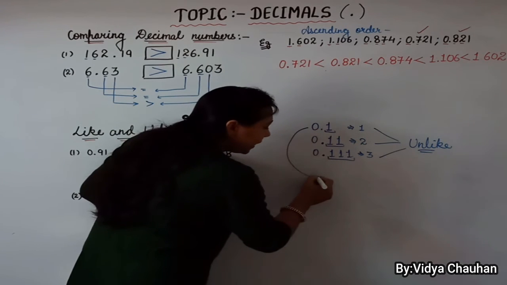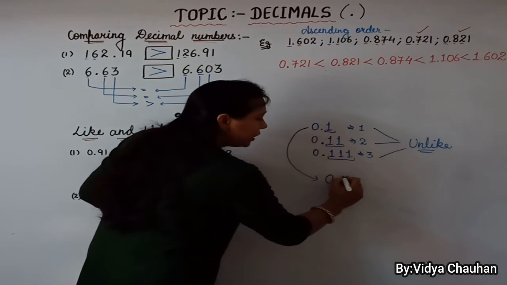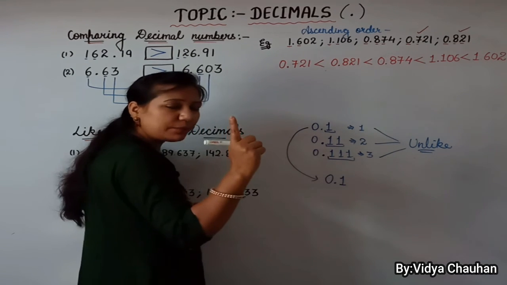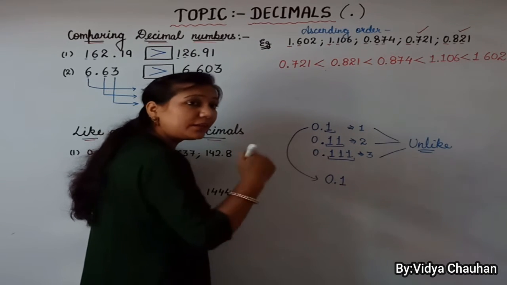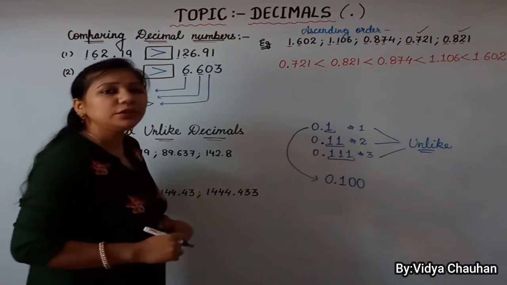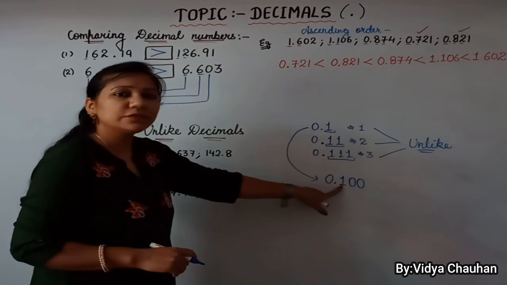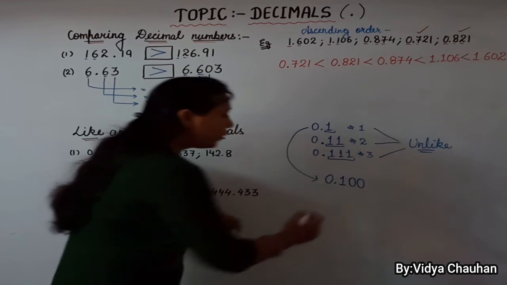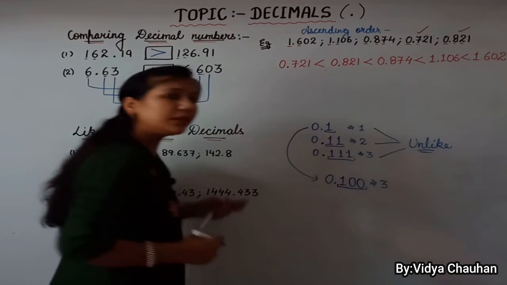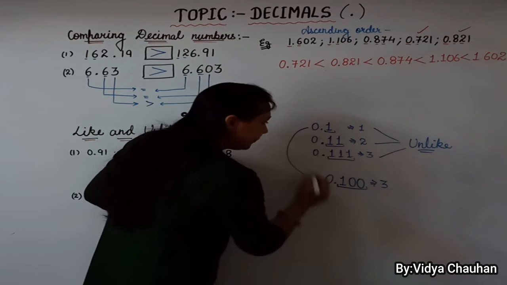So I can write this number as 0.1. Now instead of 1 decimal place value we have to make it 3, so just put 2 zeros after the first decimal place value, that is 1. Now if you count the decimal place values, there are 3. That means it becomes a like decimal.